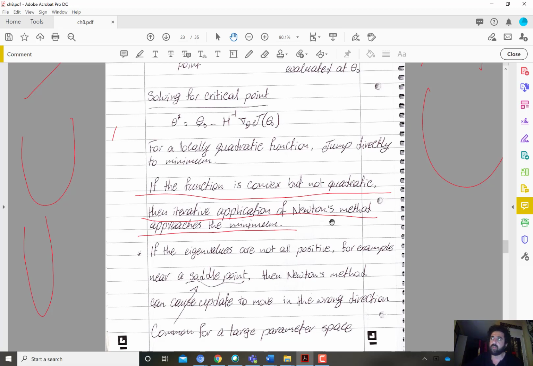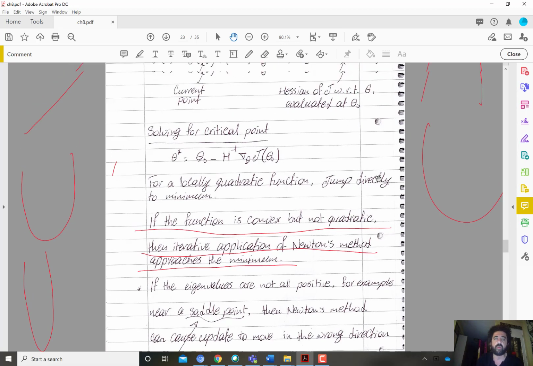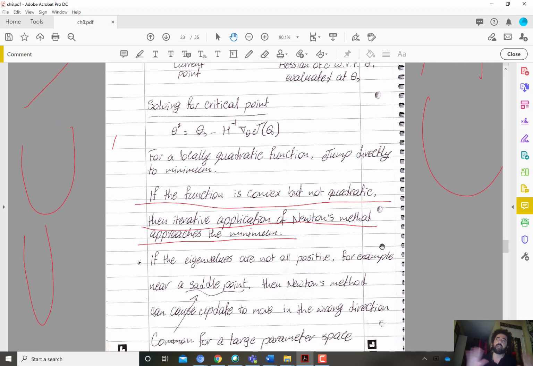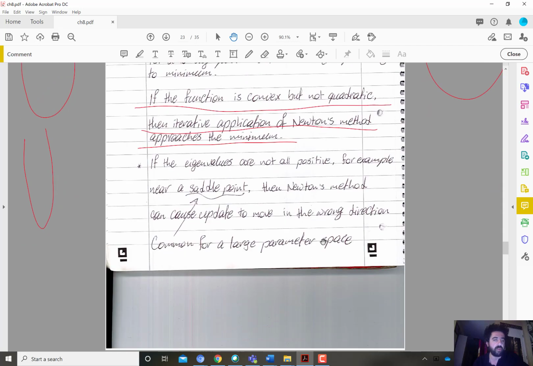So even though we are using a quadratic approximation, it will keep approaching the minimum. So the idea behind Newton's method is that you assume that at least in the local neighborhood of the point you're at, the function is convex, then you're moving in the right direction and at a much higher speed than with stochastic gradient descent or any method that depends only on the first order derivative.